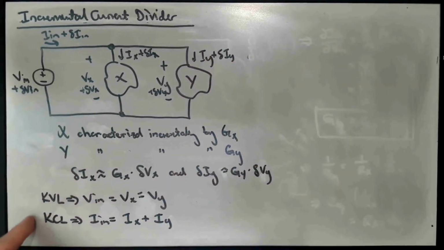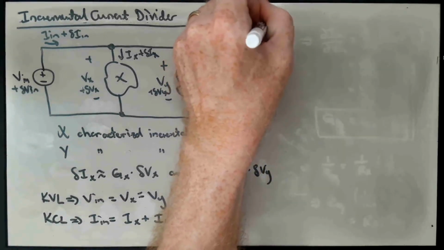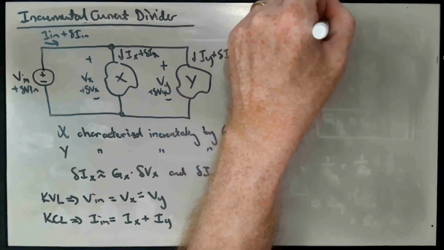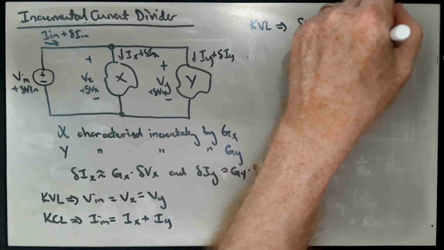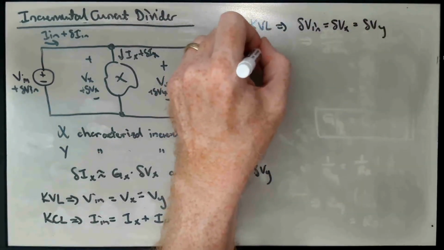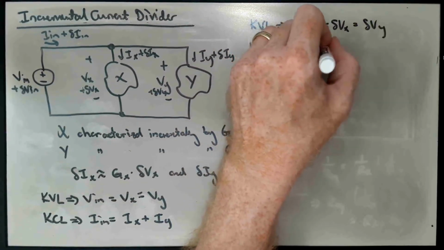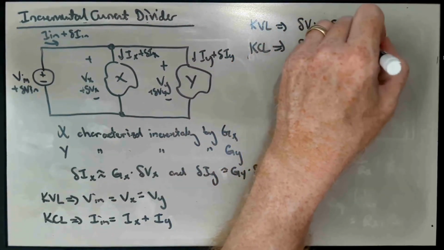Well, this stuff is still true, and KVL incrementally also implies that delta Vn equals delta Vx equals delta Vy. KCL incrementally implies that delta In is equal to delta Ix plus delta Iy.